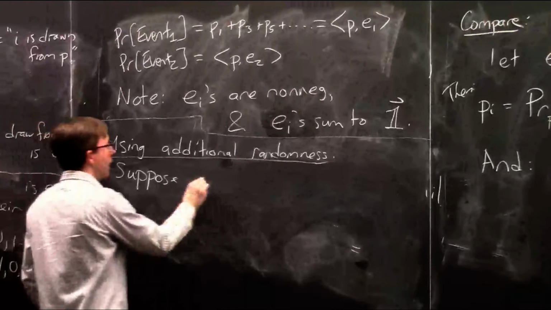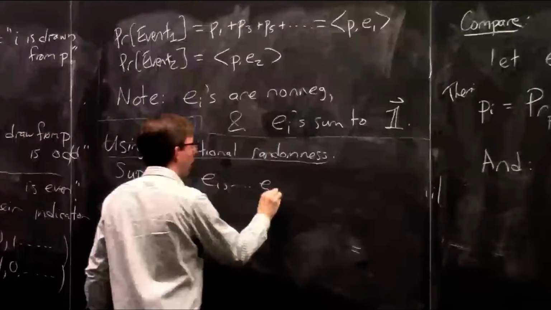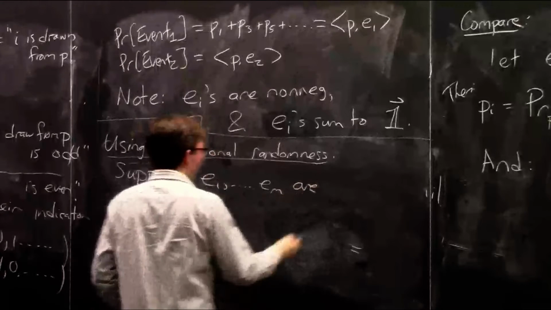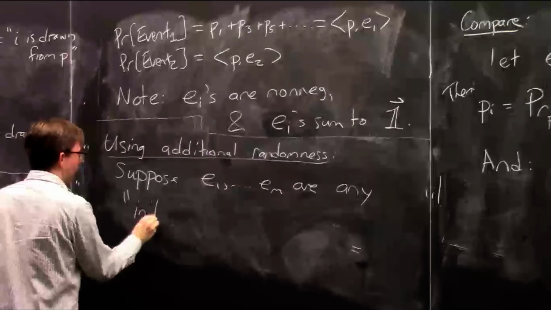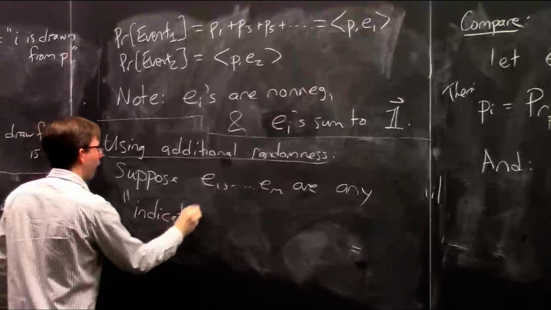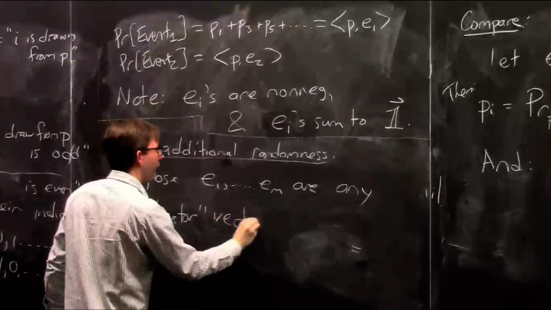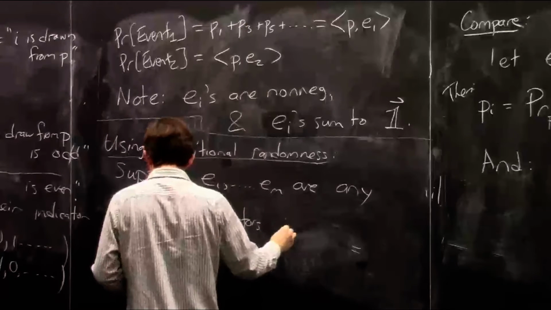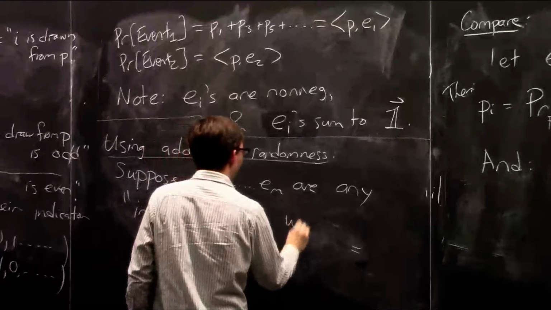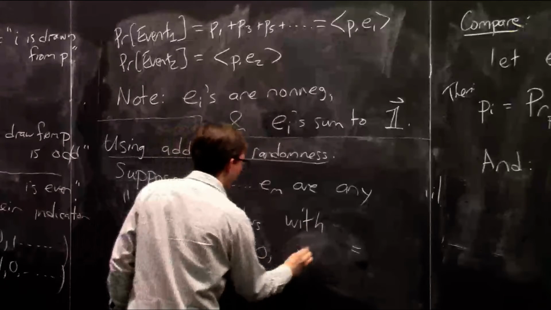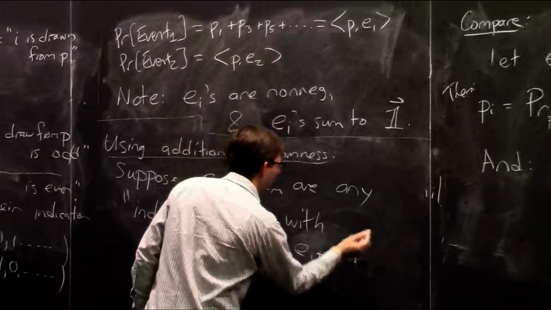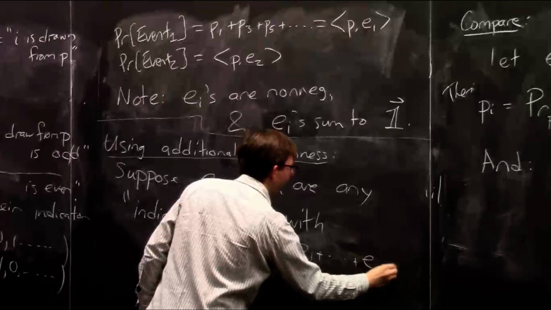Suppose E1 through EM are any, and now I'm going to put this in giant scare quotes, indicator vectors satisfying that they're non-negative and they sum up to the all ones vector.